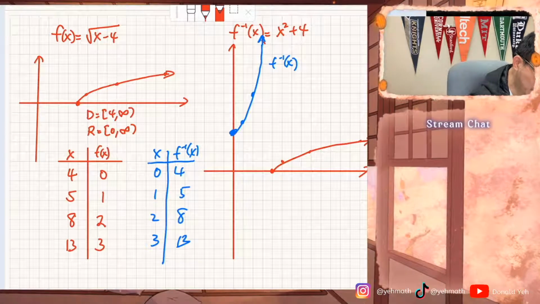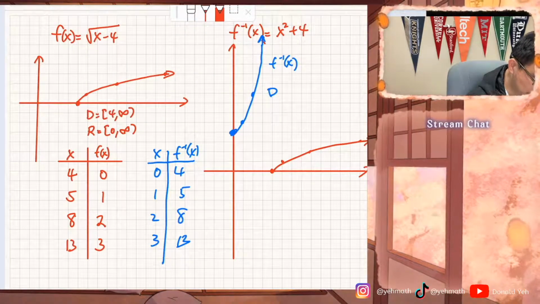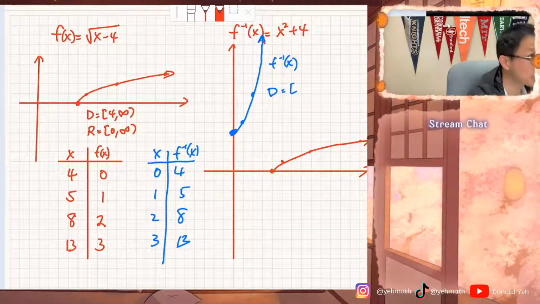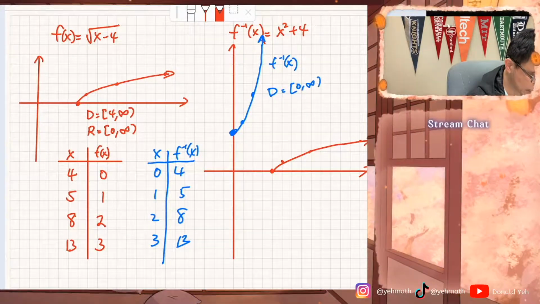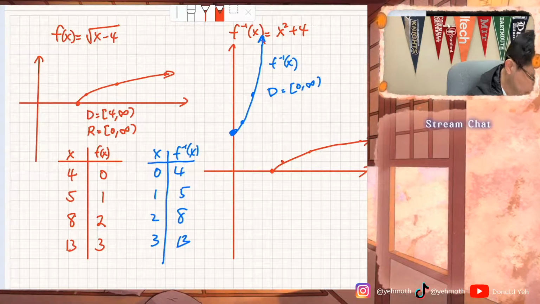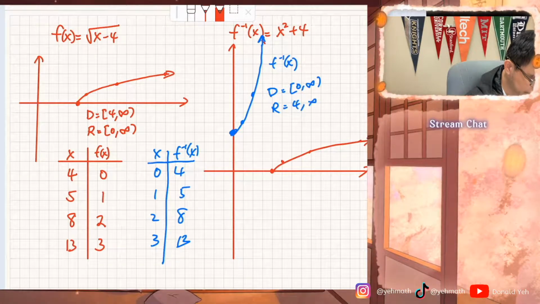Now, what happened with the blue one? Domain is going to switch, which is what? 0 to infinity? And range is going to be what? 4 to infinity.